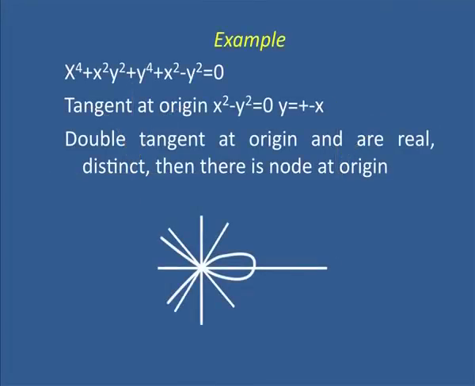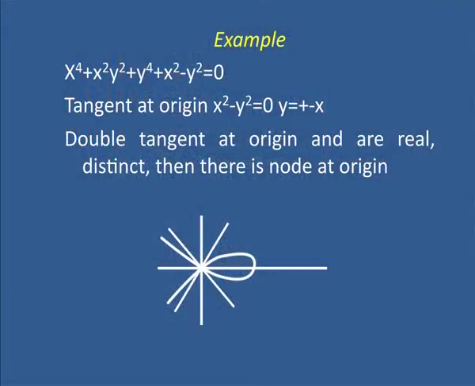Example 3, x to the power 4 plus x square y square plus y to the power 4 plus x square minus y square is equal to 0. This equation has the lowest degree term as x square minus y square. If we equate this to 0, we find the tangent at the origin as x square minus y square is equal to 0, that is y is equal to plus minus x.